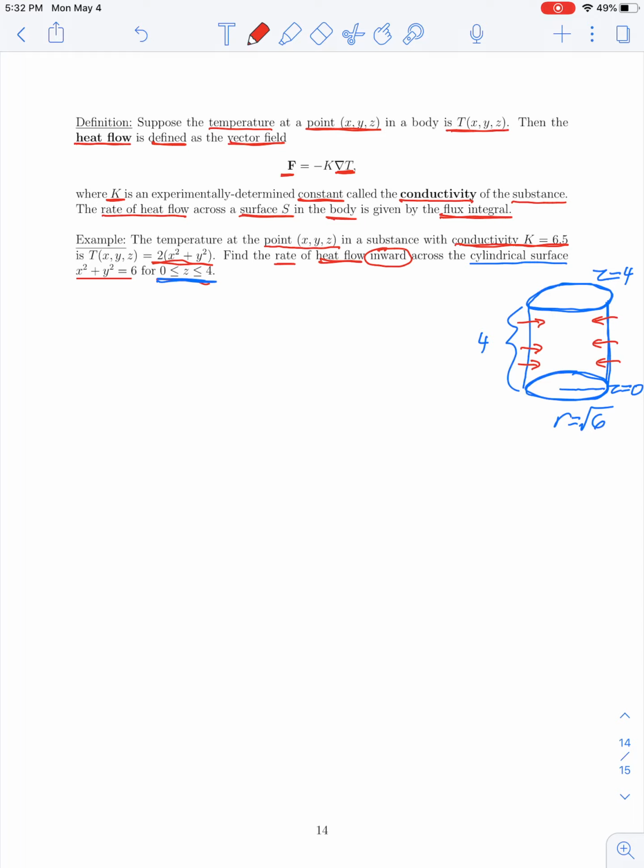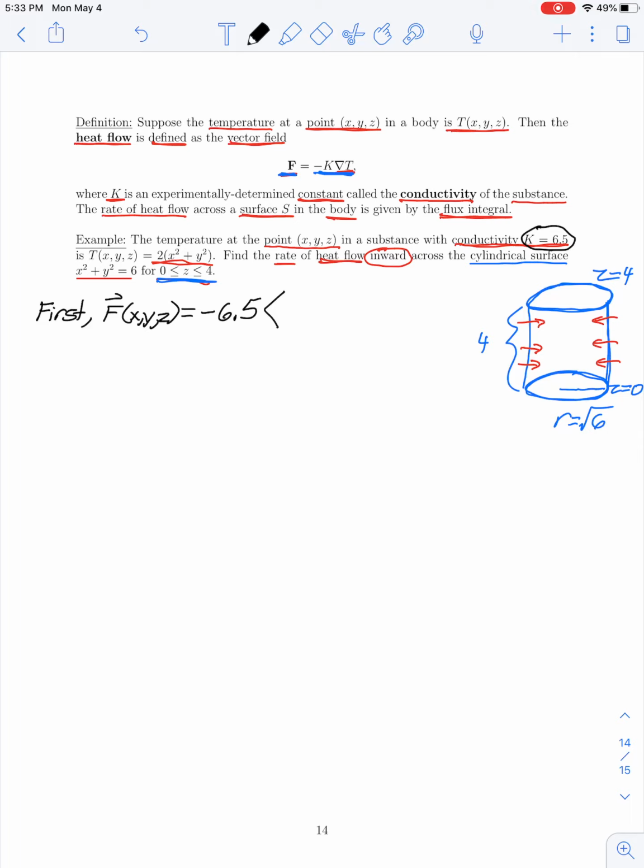So our first step here is to find the vector field F that we're working with that describes our heat flow. It's given by negative K times the gradient of our temperature function. So let's start by finding this. Our vector field F, which is a field in x, y, and z, is given by negative 6.5, since our conductivity was given as 6.5, times the gradient of our temperature function.